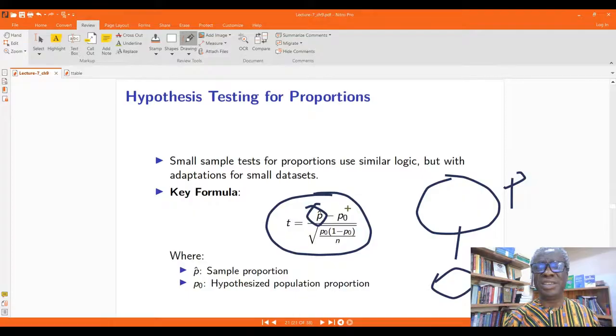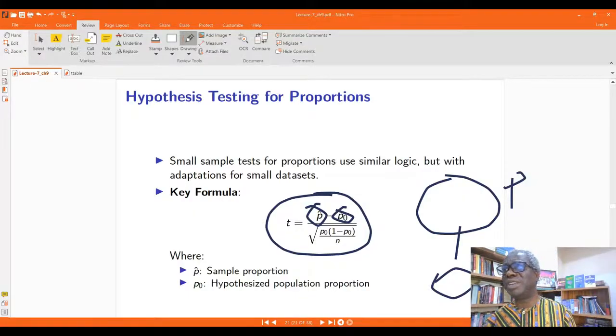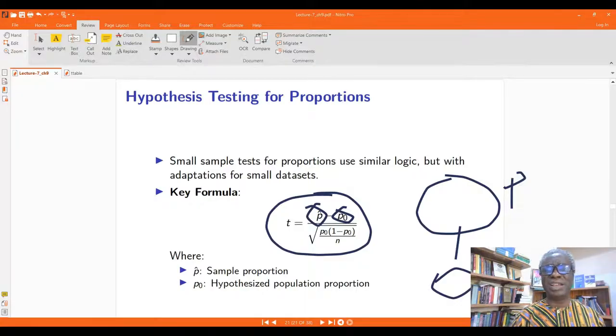The p naught is the hypothesized value. That is the proportion the researcher claims in the hypothesis. So every other thing there is clear. This is the formula for testing for proportion in a single population.